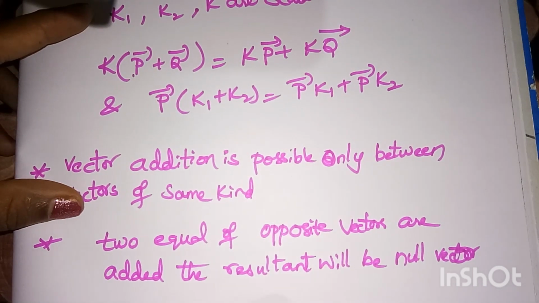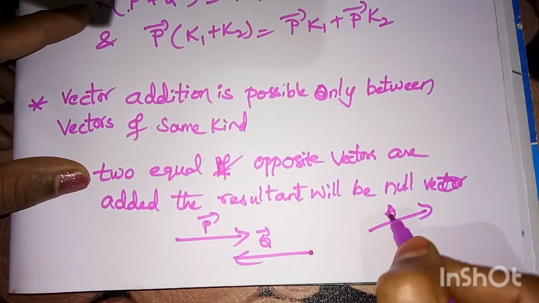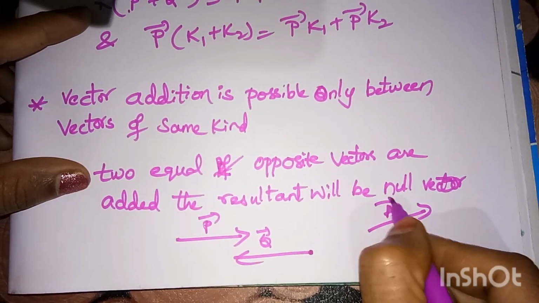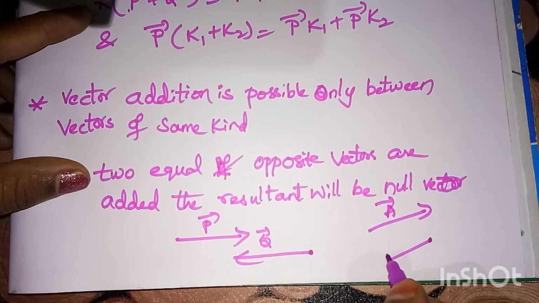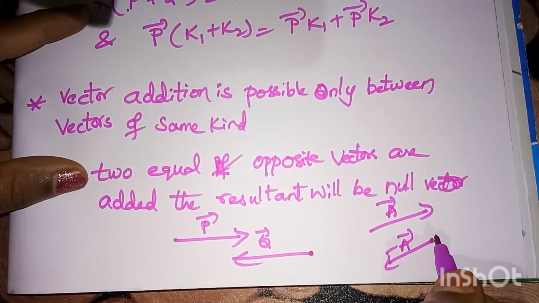So if two vectors are moving in opposite directions, this is a bar and this is minus a bar. Minus a bar means a negative vector. I said that we denote a negative vector as minus a bar.